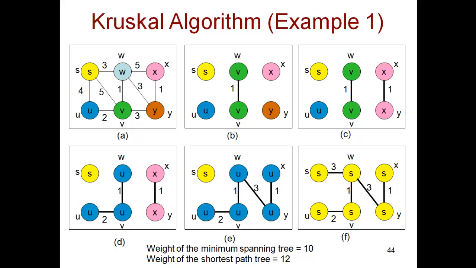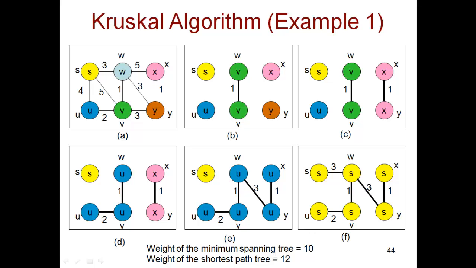So there is no minimum spanning tree rooted at a particular source. It is for the overall graph, spanning all the vertices and connecting them through edges such that the sum of all the edge weights is the minimum.